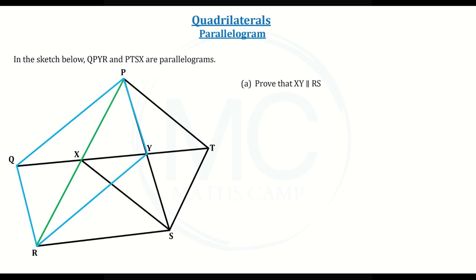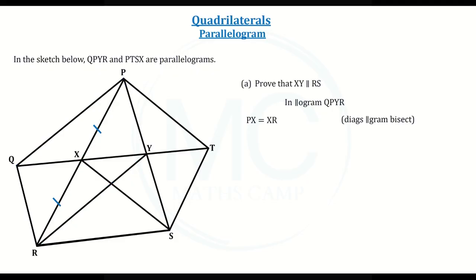So we can say in parallelogram QPYR, we know that PX is equal to XR because the diagonals of a parallelogram bisect each other. On our diagram, let's put a small blue line on PX and a small blue line on XR to show that they are equal in length. Now let's make our diagram black again.